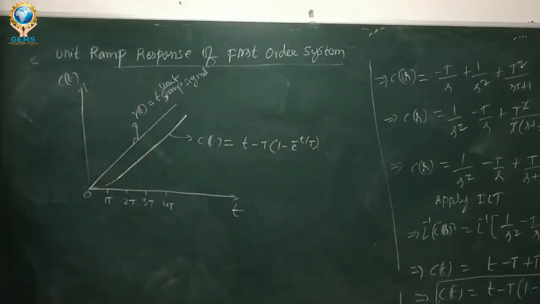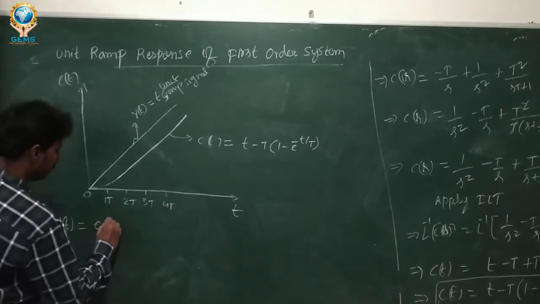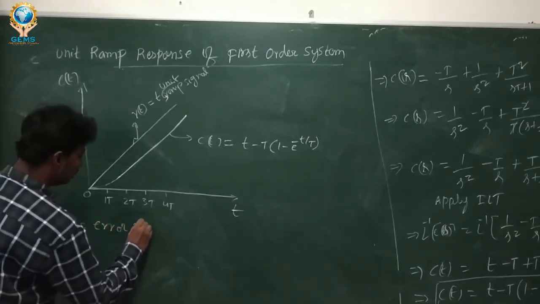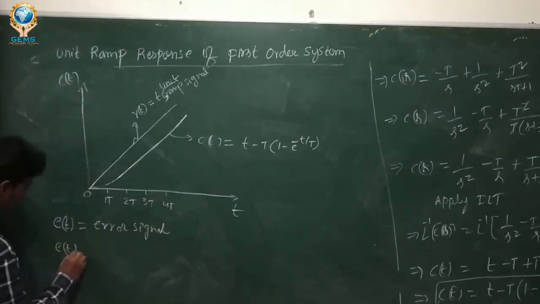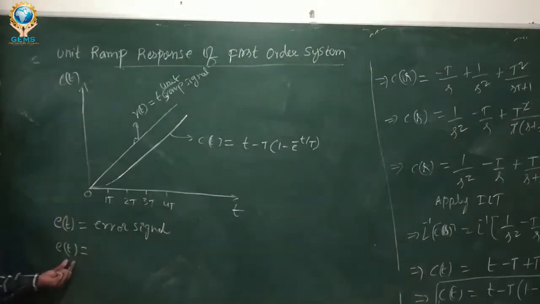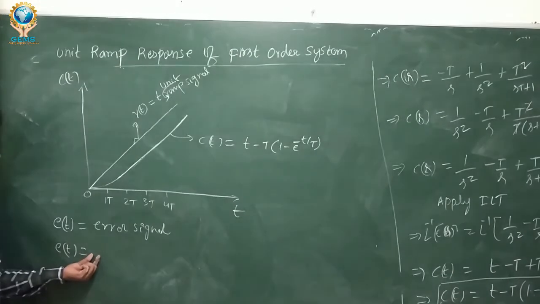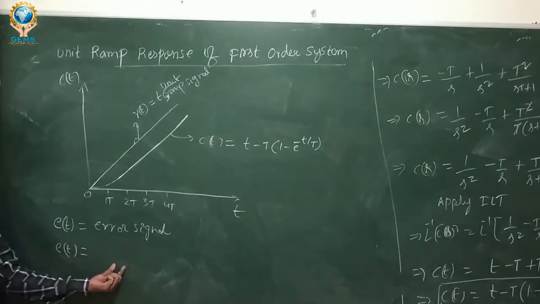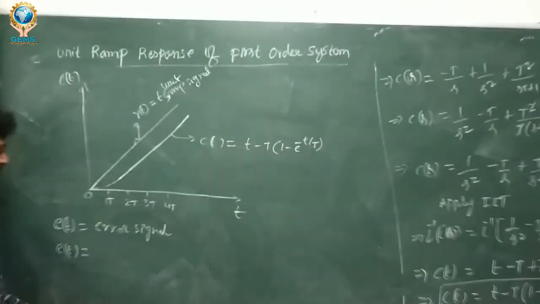Now what I am going to do, you know that e of t is the error signal. What is the equation for the error signal? Set point minus measured value, or we can say input minus response.